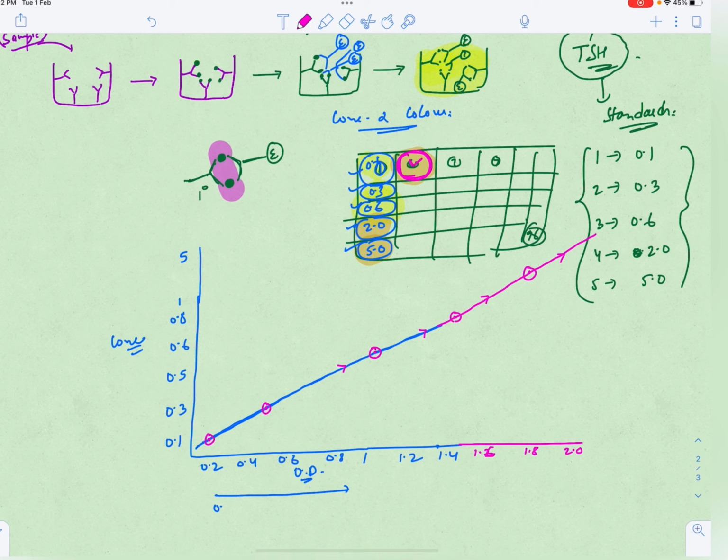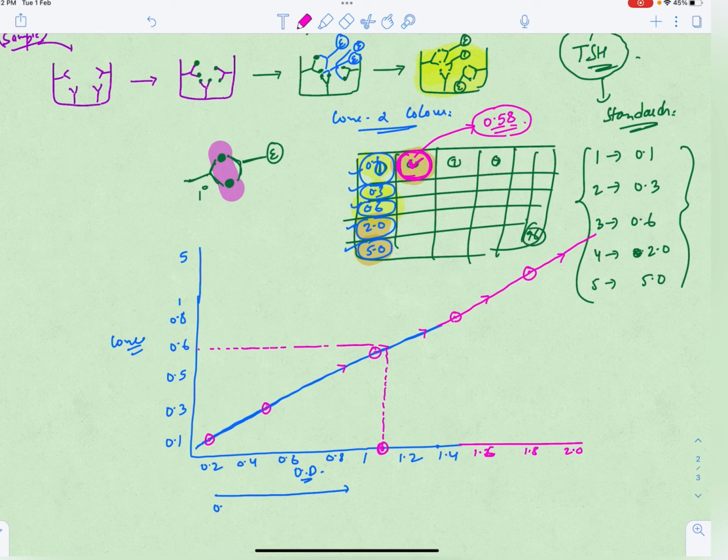Suppose for this unknown sample the optical density comes around 1.1, so it would be here. You draw a straight line from here and join it like this. So the concentration of this sample would be nearly 0.58.